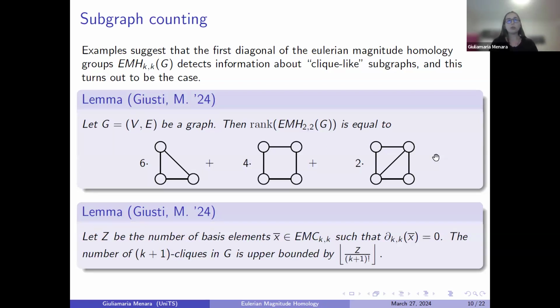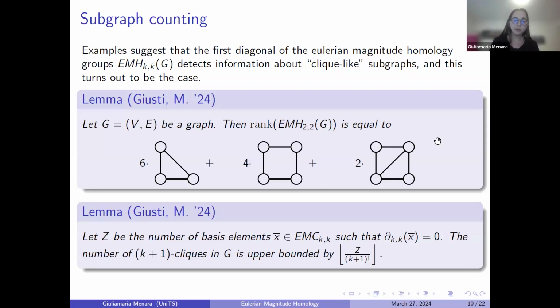And so when we try to generalize this, as of now, we only have a partial result, because when you take a bigger value of k, then the combinatorics gets very messy very quickly.